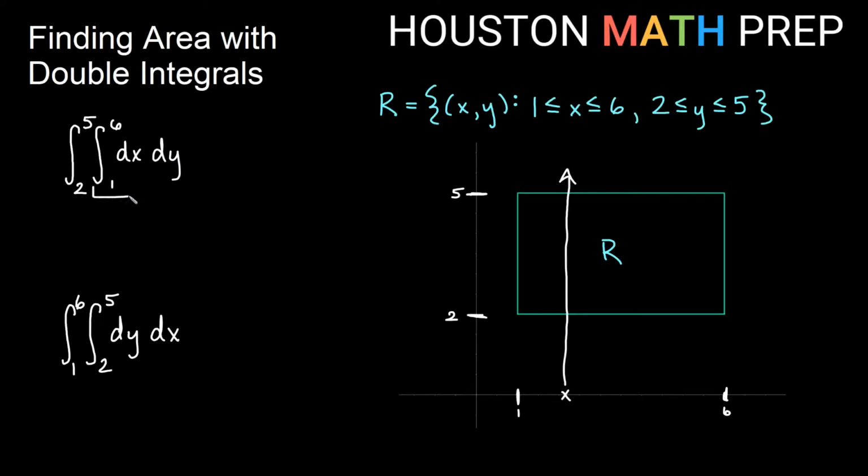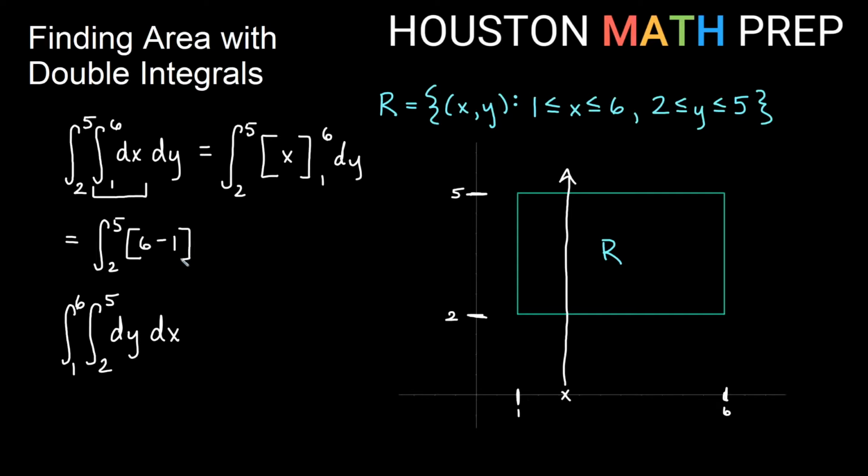So if I just do the inside integral first, that will leave me an integral still from 2 to 5. But if I just integrate dx, that will give me x, and I will evaluate it from 1 to 6, and then I will integrate that dy, right? So that will give me the integral from 2 to 5, and then I think I will get 6 minus 1 when I plug in my bounds for x.